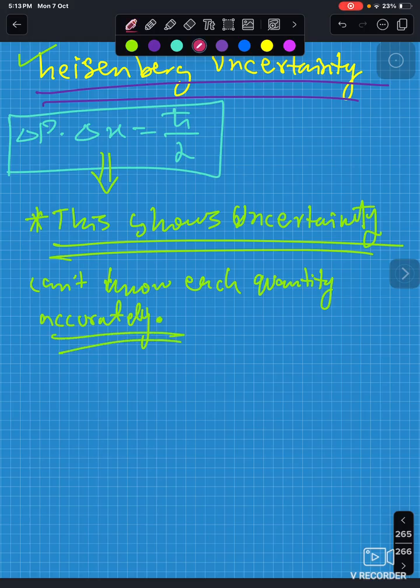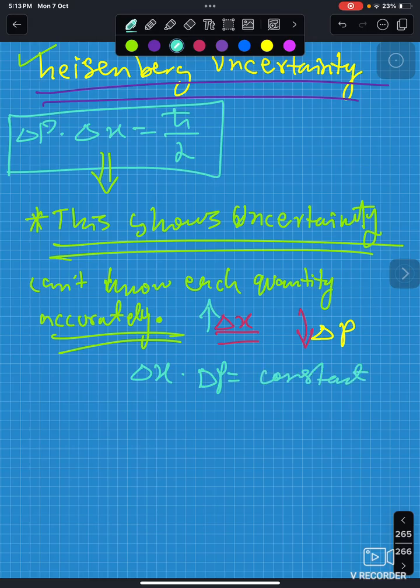It means if you know the distance or the position, it's high. The measurement on p or momentum will decrease. So I can say x times p equal a constant.